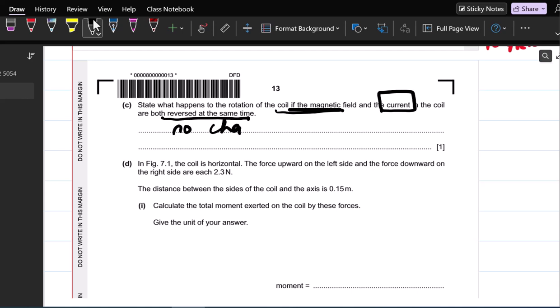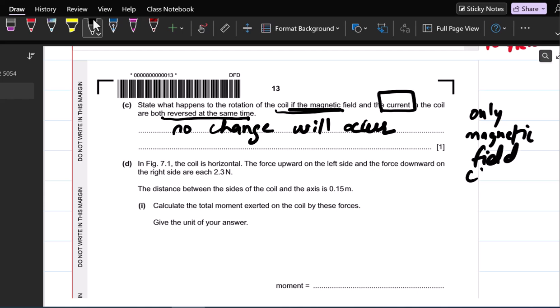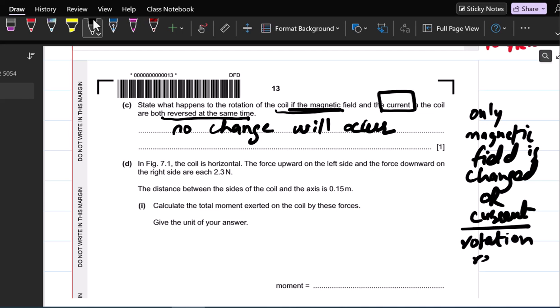If only magnetic field is changed, or you can say current, then what happens? Rotation reverses. Rotation becomes opposite. Reverses. It will start rotating to the other side.